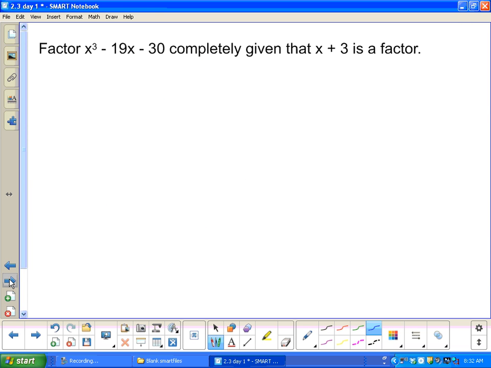Next directions: factor completely, or give the complete factorization of the polynomial, given that x plus 3 is a factor. It's telling me it's a factor, so when I do my synthetic division, my remainder better be a 0.